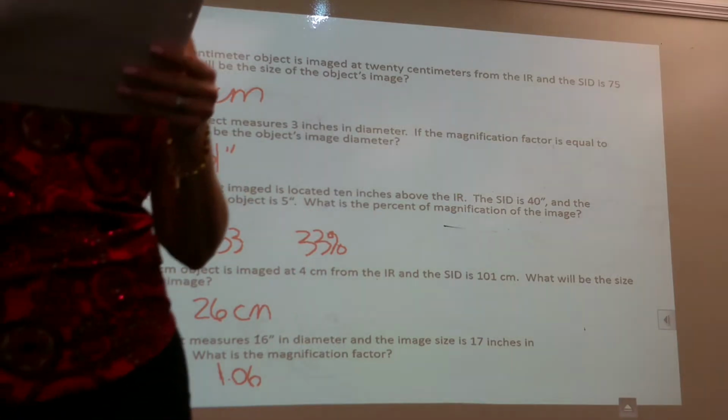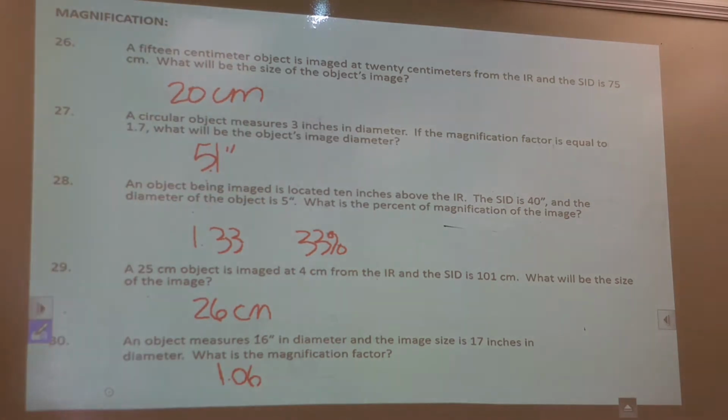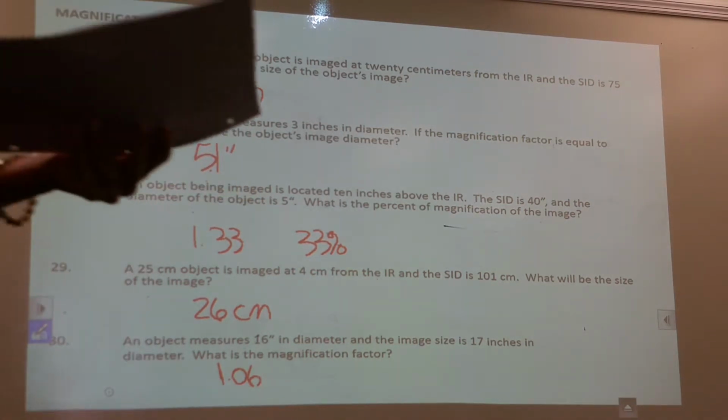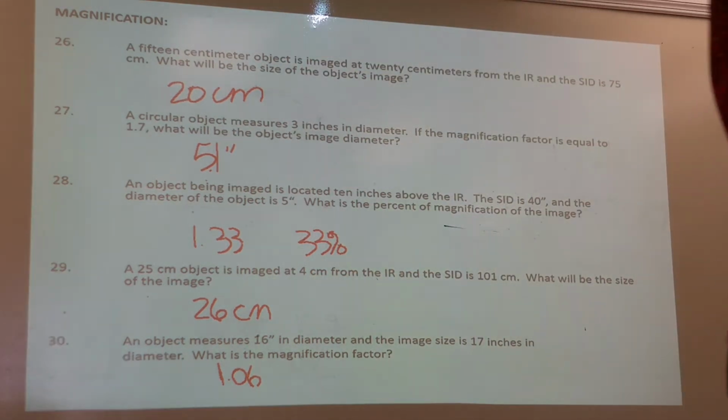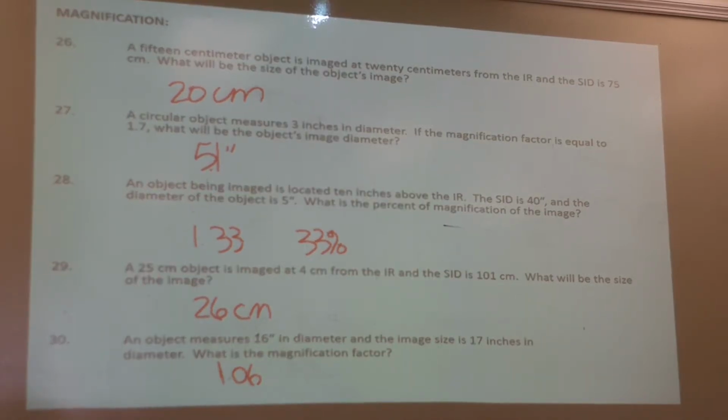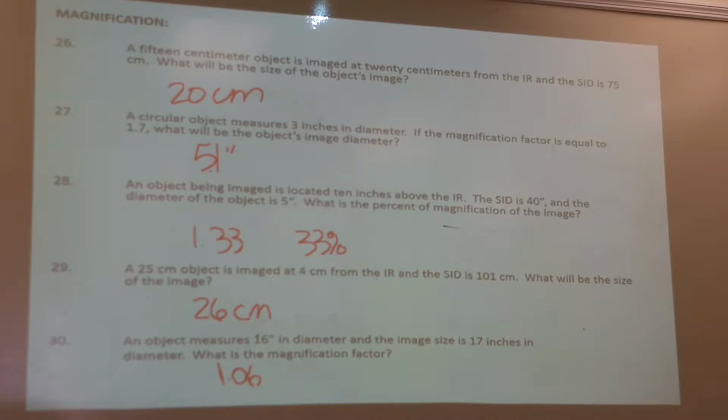If you need help with your magnification formulas, if you find the magnification factor, you can answer any kind of questions. What you have to look at when you're doing magnification is, what is the question asking you? First of all, what is the size of the image? So we're looking for an actual size, not 33%, not 1.4.